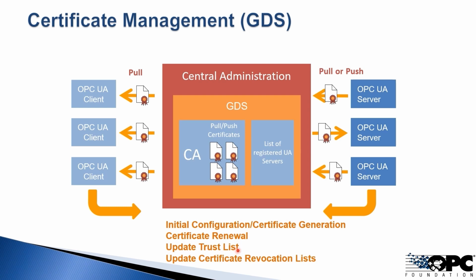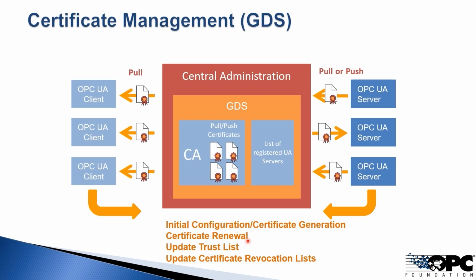That is the list of certificates that a client should trust from servers, and the list of certificates from the clients that the server should trust in authorization and connection activities can also be managed through the central administration of certificate management.